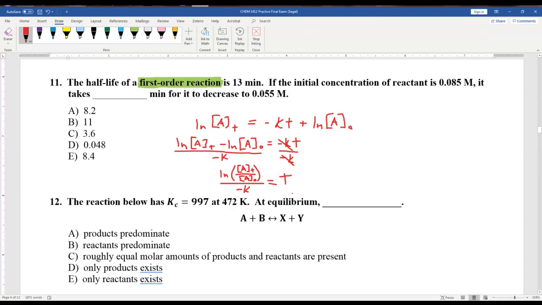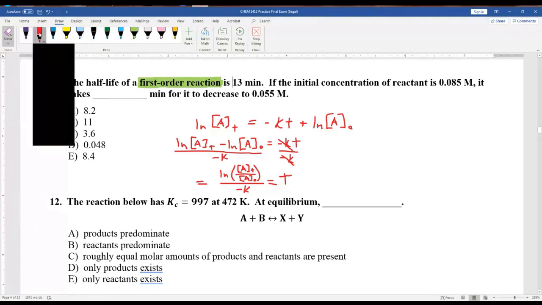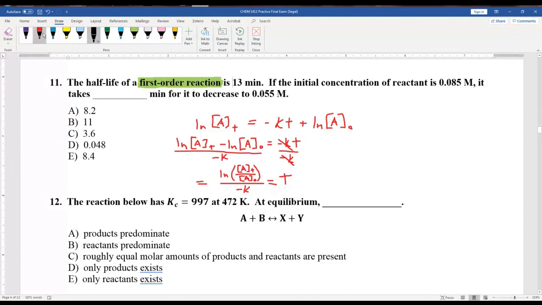Now here's the thing. While we do have, and actually I'm going to move the t over to this side, t equals, and then I'll erase this.